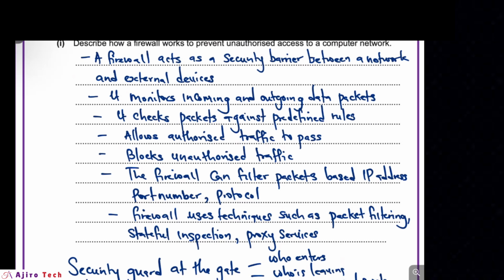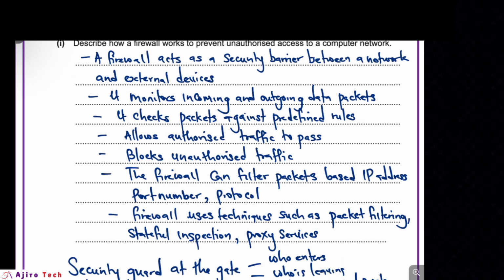A firewall does not block hackers. No, it doesn't. Rather, it filters incoming and outgoing traffic, and it has various filtering methods, like we talked about here, with packet filtering as one of them.